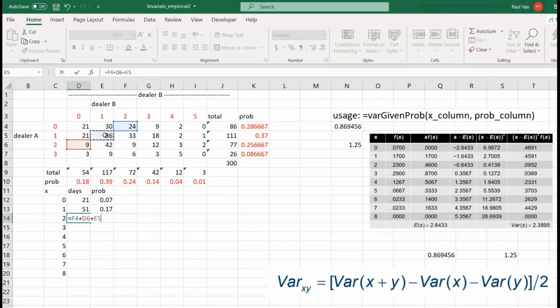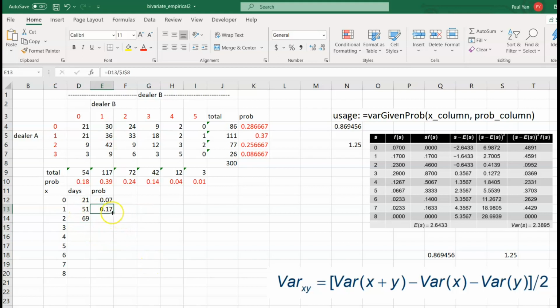So we have 3 numbers, so this is 69. I'll copy and paste, so this is 23%. Okay, I'm not going to go into detail. I'm going to copy this line, then I'm going to calculate variance.